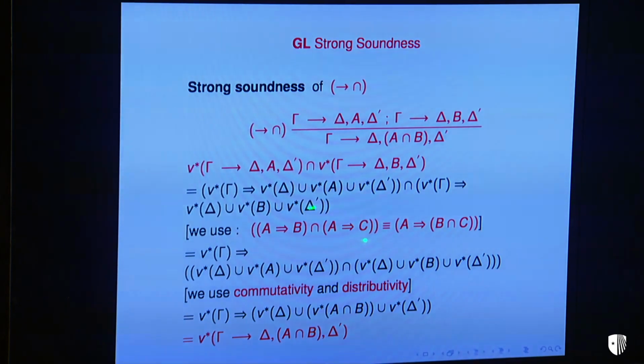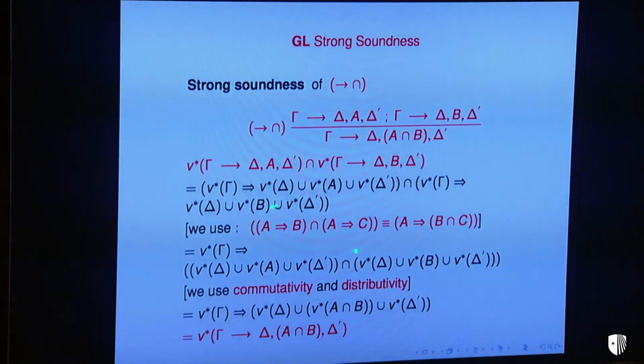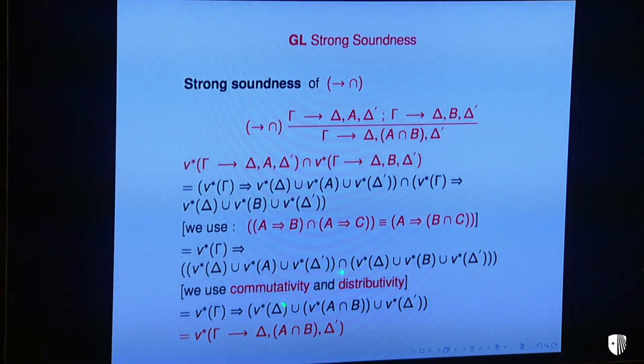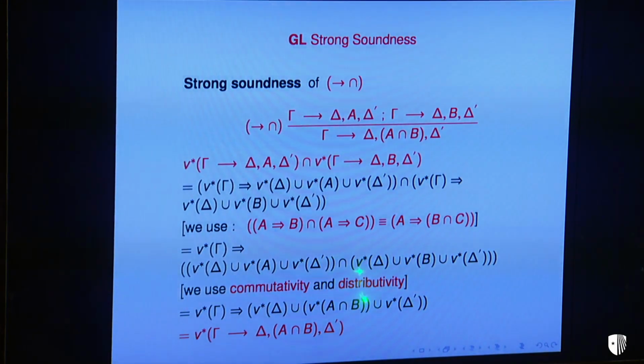C was this, and B was the whole thing. So you use this and you prove that this is A, and this was this B, and this B is the whole thing.